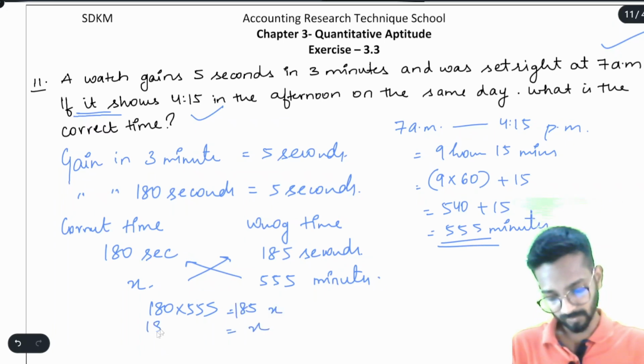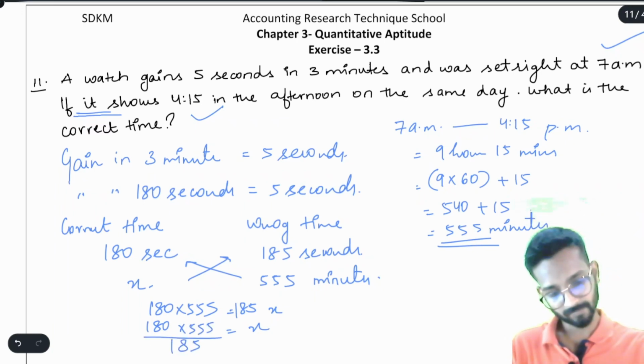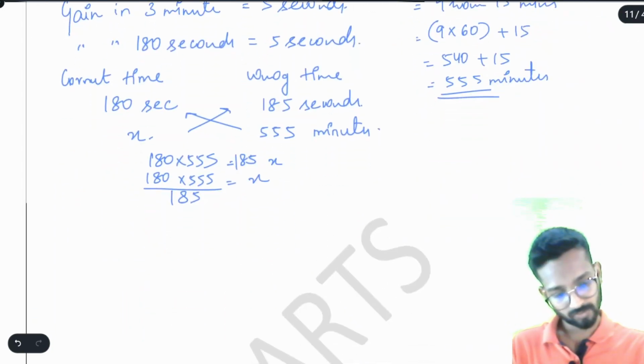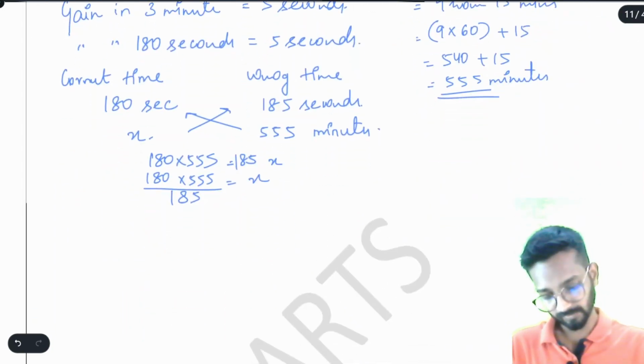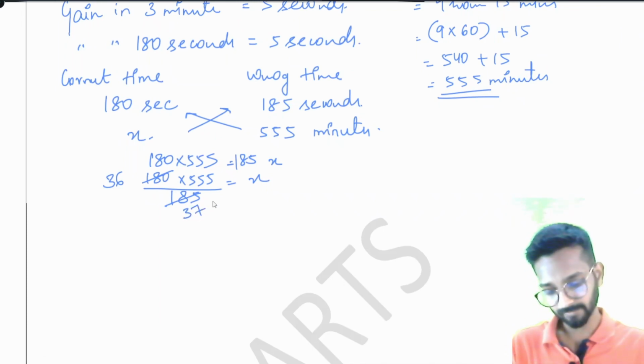So x will be 180 into 555 by 185. Solving this, 5 3s are 15, 36, this will be 37. So you can write here 1 1 5 37, which is itself a prime number.